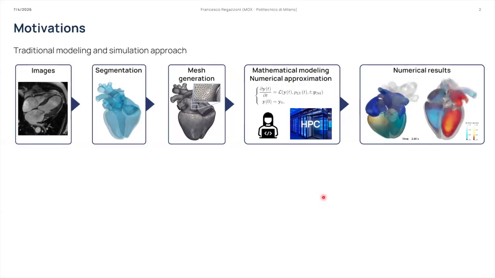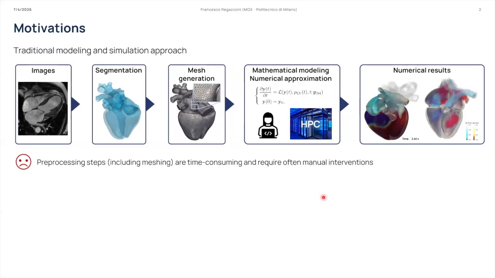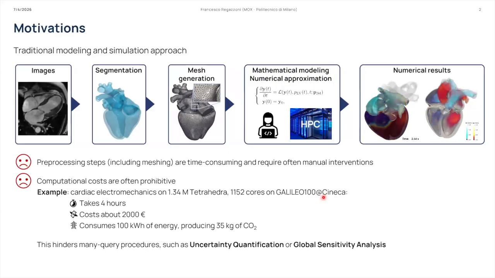But in this pipeline, what are the main bottlenecks? One is in the pre-processing steps, including meshing, that is very often time-consuming and difficult to make automatic. And second, the computational costs. We know that very often computational costs are prohibitive for applications.